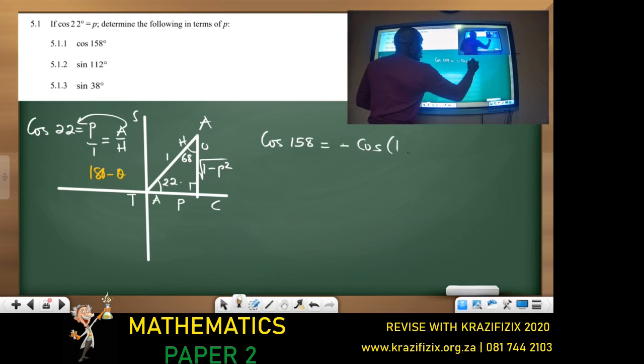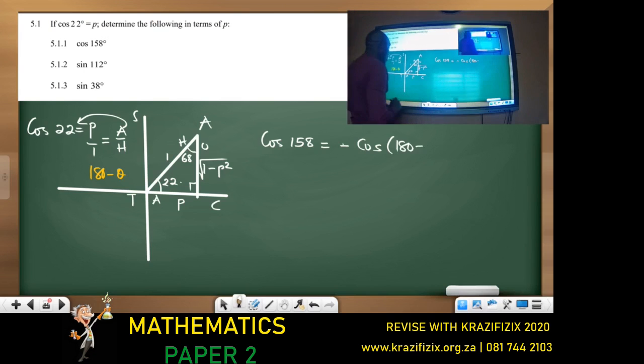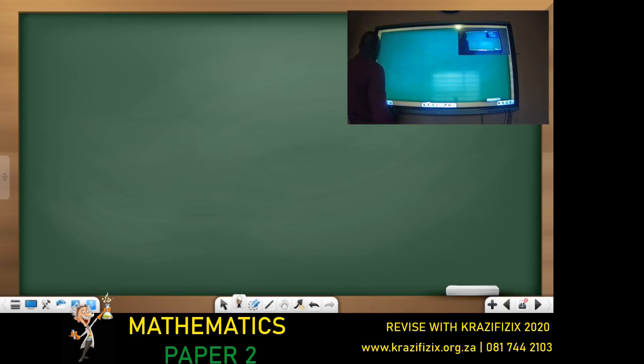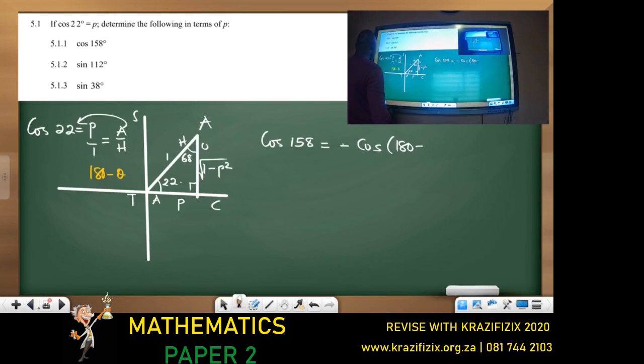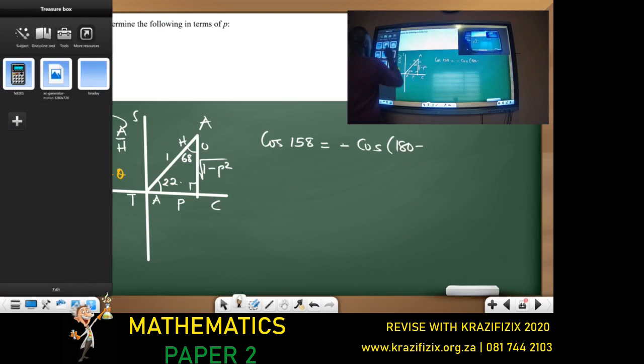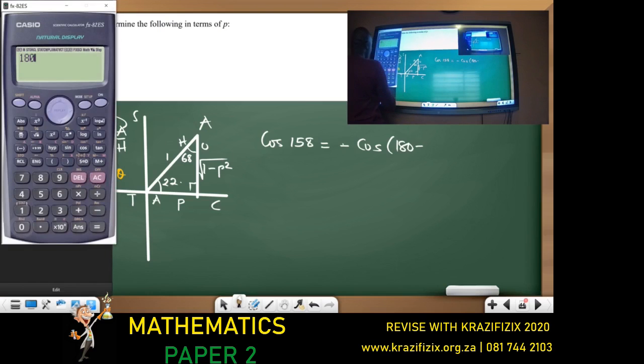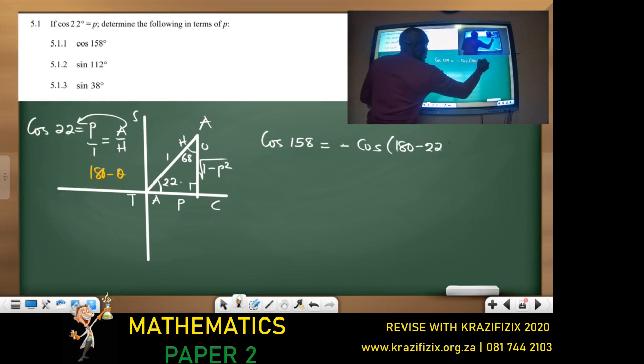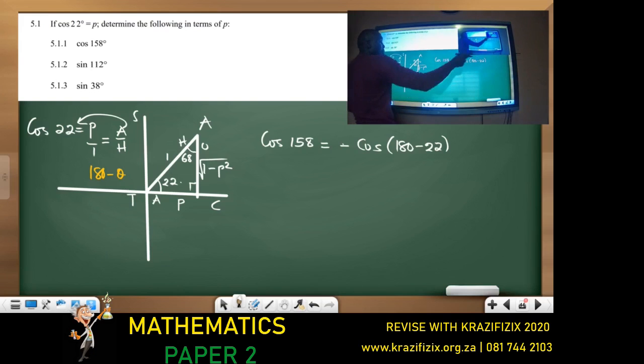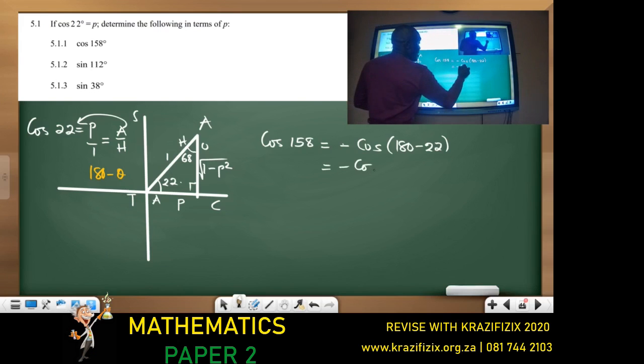We need to reduce, 180 minus 158 is 22, and put the 22 there. So 180 minus 22 gives me 158, and cos is negative in the second quadrant. So this is negative cos 22, and cos 22 is p, so this is minus p.